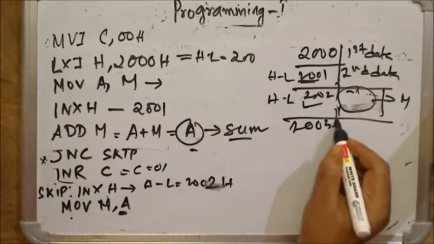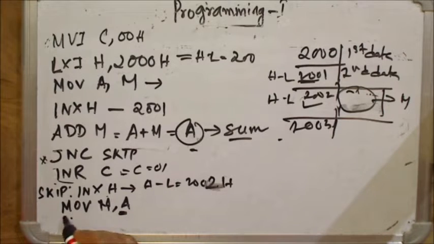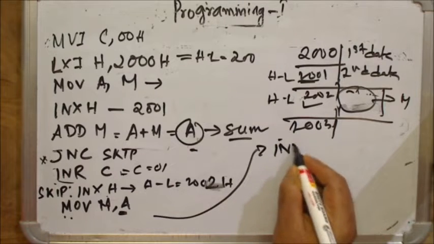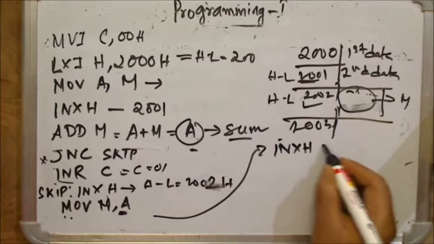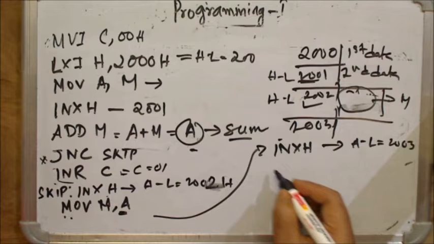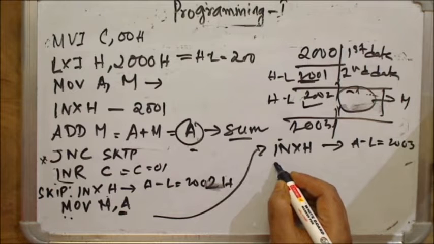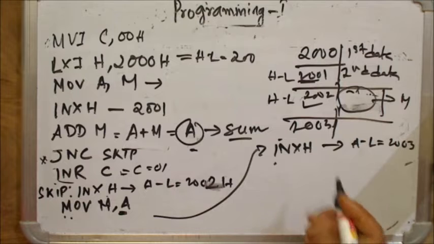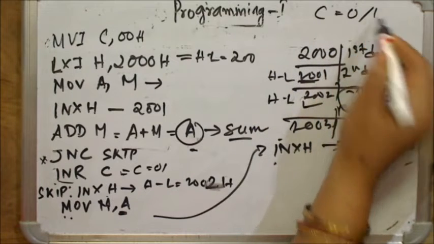Then again we have to store the carry, so we have to increment the HL pair again. I will write INX H, so the HL pair will be 2003. Then what do we have to do? Where is the carry? The carry is in the C register, which can be either 0 or 1.